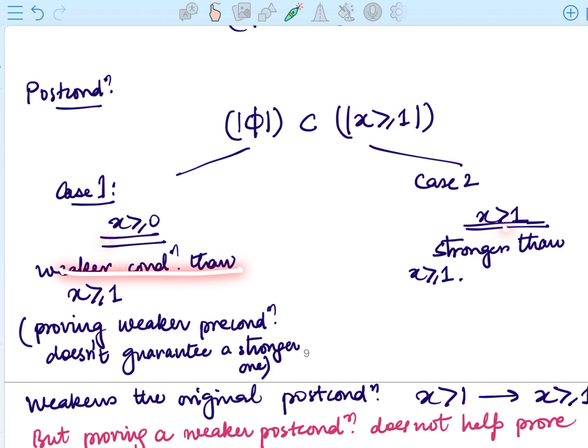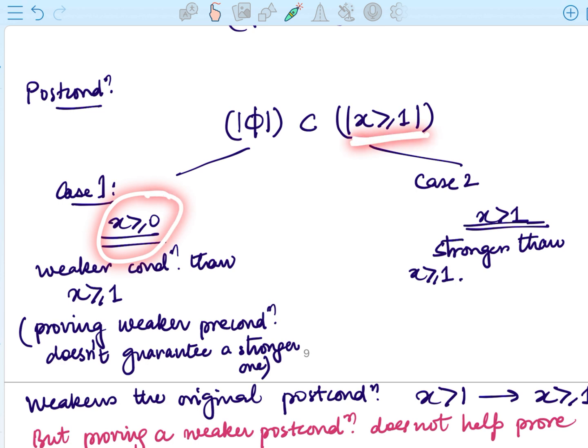Here this is the weaker condition and x is greater than or equal to 1. Proving a weaker postcondition doesn't guarantee a stronger one. If you are proving a postcondition and you write x is greater than or equal to 0, what are you saying? This is weaker because it's missing the 1, right?